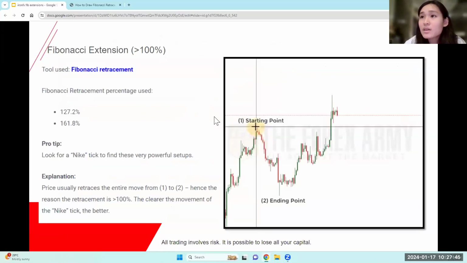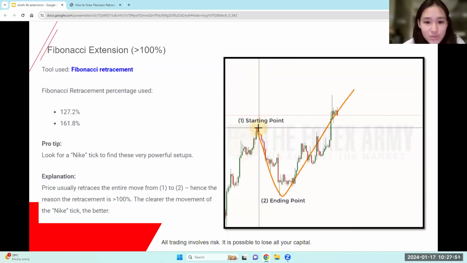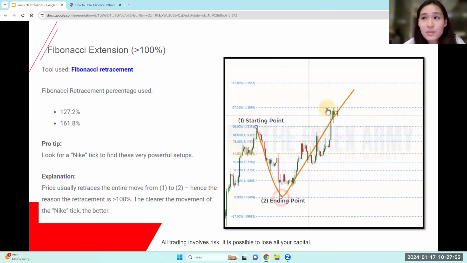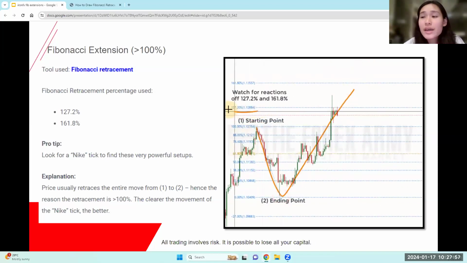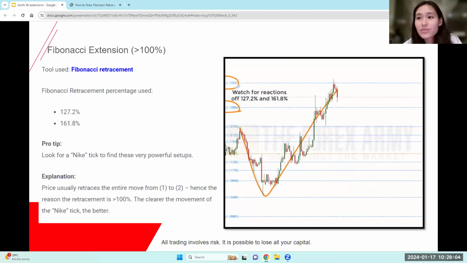Okay, so for our Fibonacci extension, getting back to this week's topic, again, the tool that we use is Fibonacci retracement, and the percentages are 127.2 and 161.8. And here we're looking for a Nike tick, like you see in the GIF here.